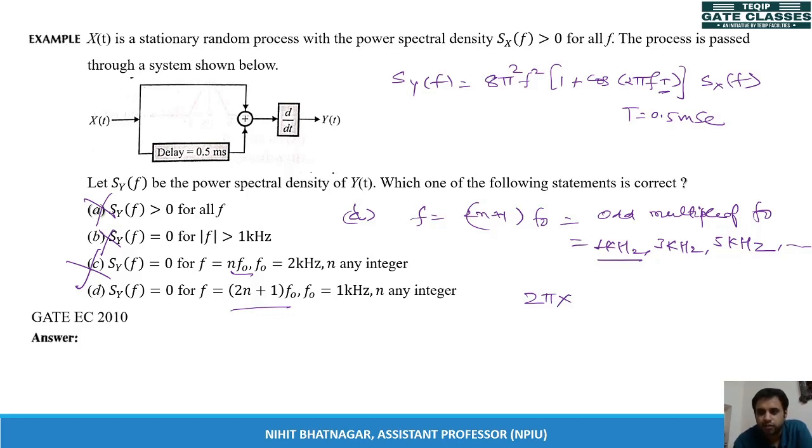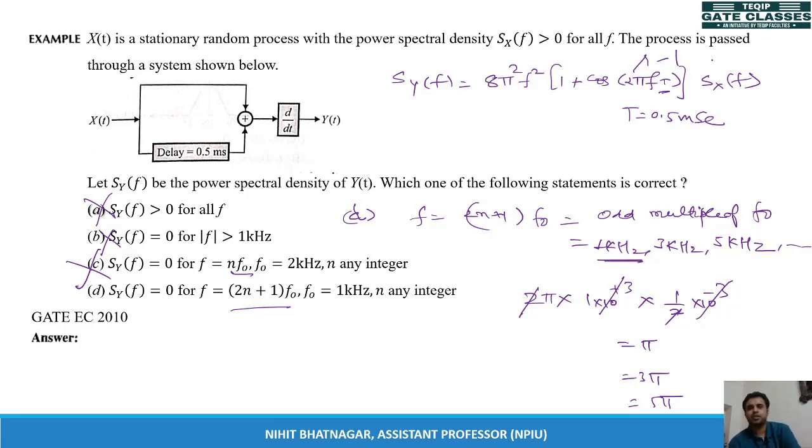Now take first 1 kilohertz, with t equal to 1 by 2 milliseconds. The plus and minus cancel, the half cancels, and it becomes π. Then it becomes 3π, then 5π. So for all values of π, 3π and 5π, this cos term becomes minus 1. So 1 plus minus 1 becomes 0. So the correct answer of this question is option D.